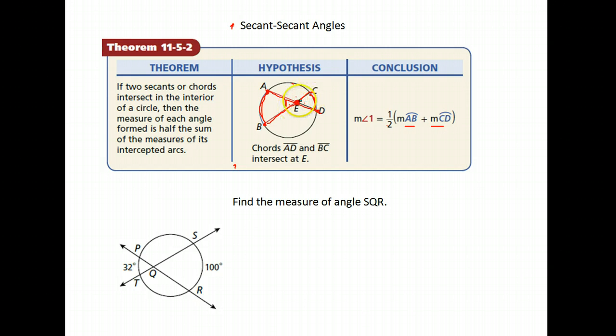And again, what you do is you go, okay, where's my angle? Look and see what arc it creates. Notice the lines continue in the opposite direction, also creating another arc on the other side. What you're going to do is add the two arcs and divide by 2. So for example, if this arc were 28 and this one were 140, my angle would be equal to 1/2 of 28 plus 140.